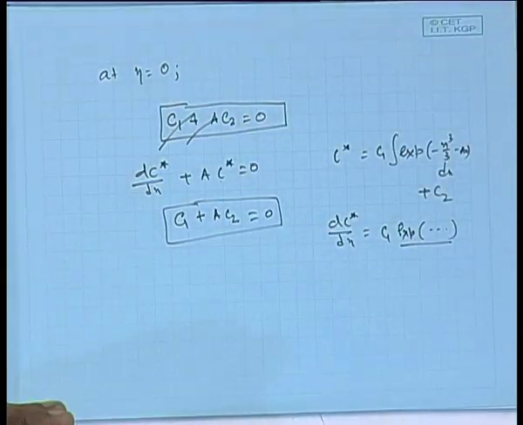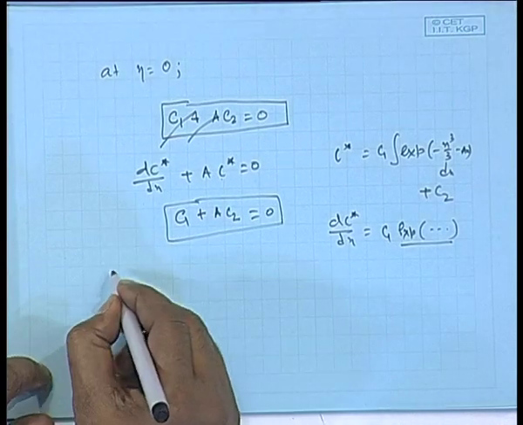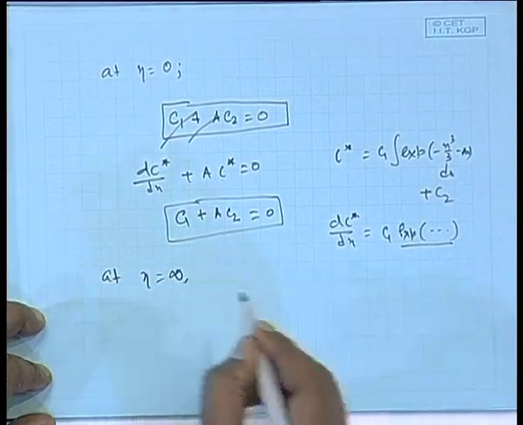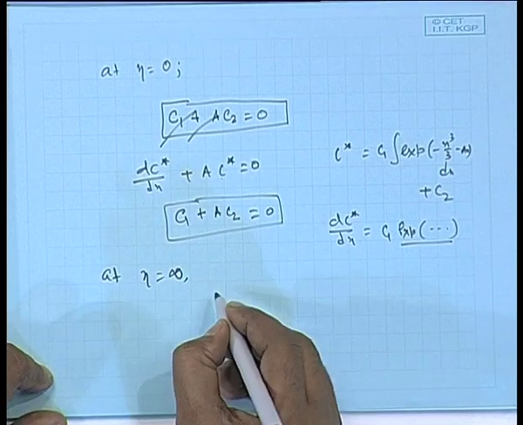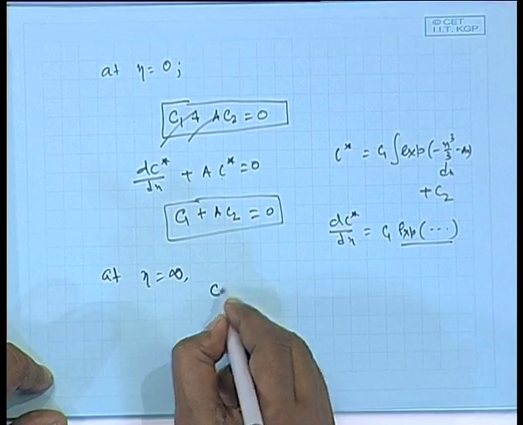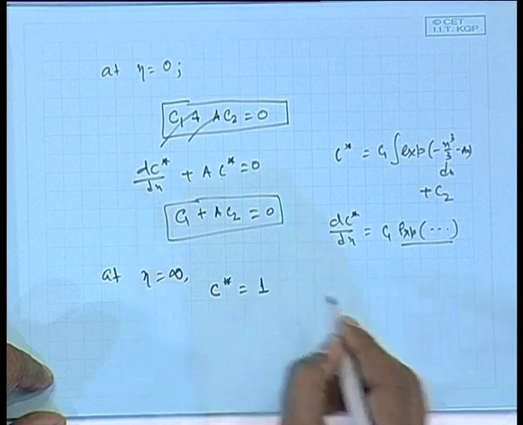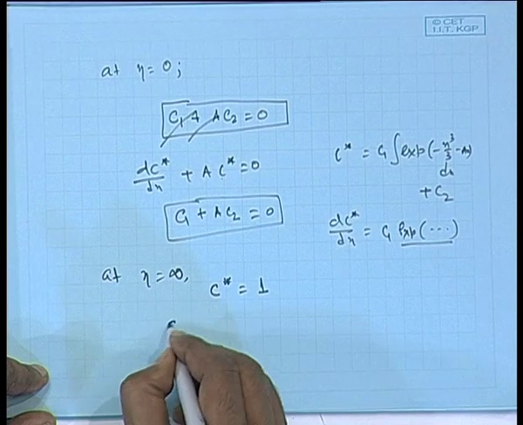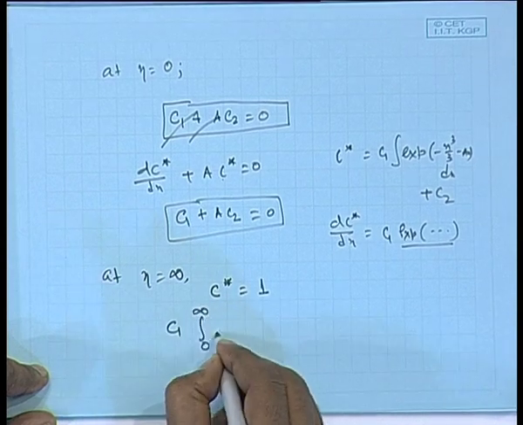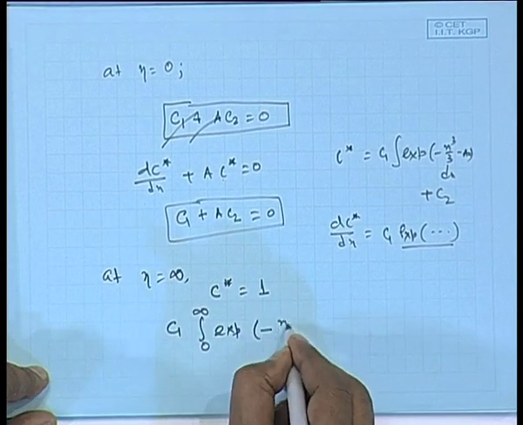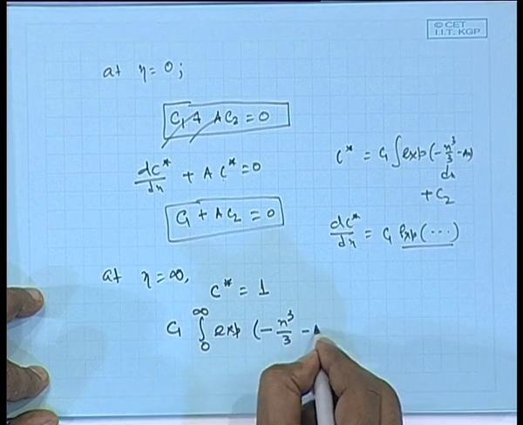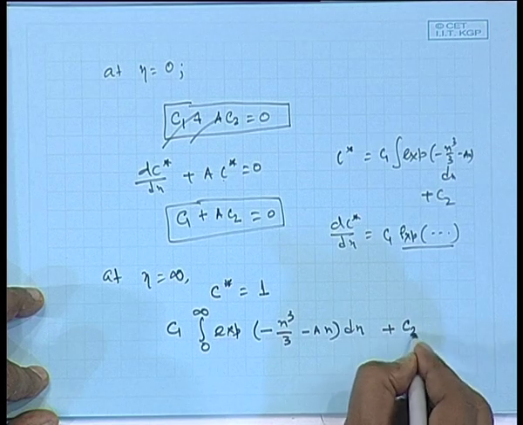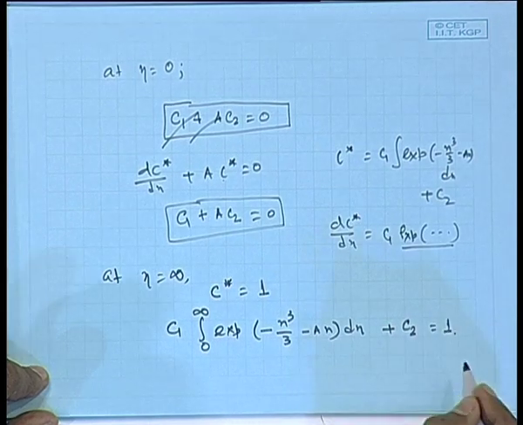Now, let us look into the other boundary condition at eta equal to infinity. At eta equal to infinity, your C star was equal to 1. That means, C1 integral from 0 to infinity of exponential minus eta cube by 3 minus A eta d eta plus C2 is equal to 1.